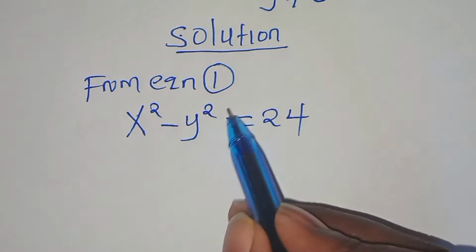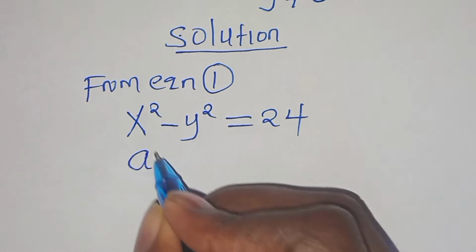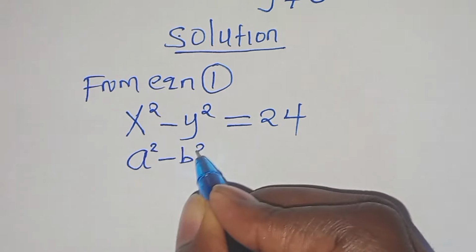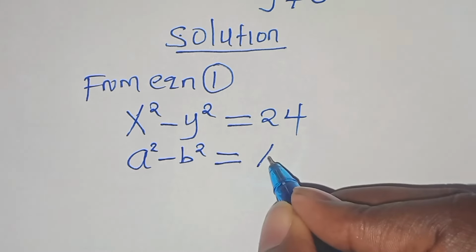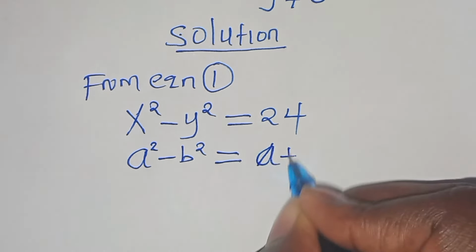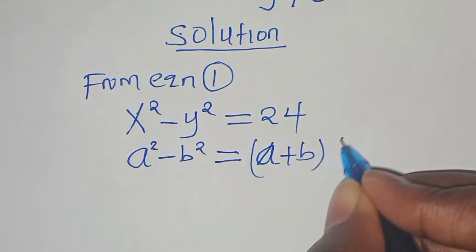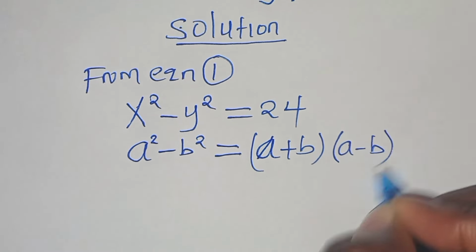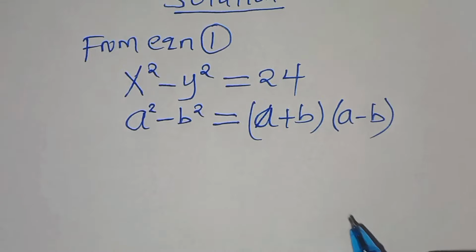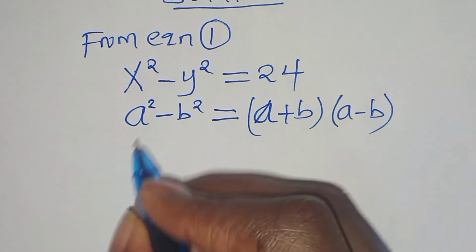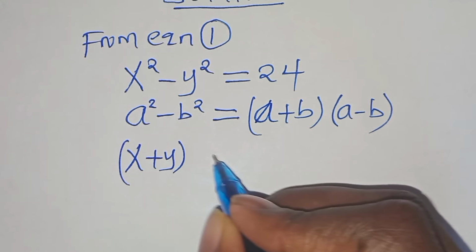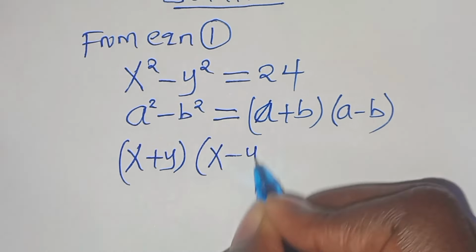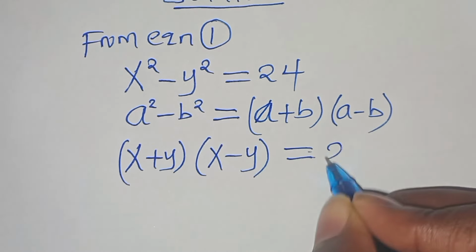Now this equation is in the form of a squared minus b squared, the difference of two perfect squares that we can express as a plus b, then a minus b. So applying this identity, we have x plus y multiplied by x minus y. This is equal to 24.